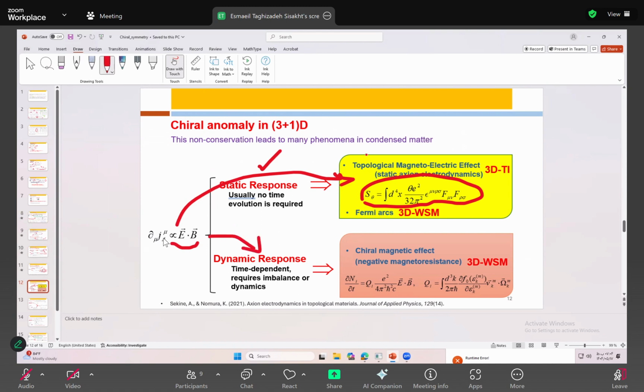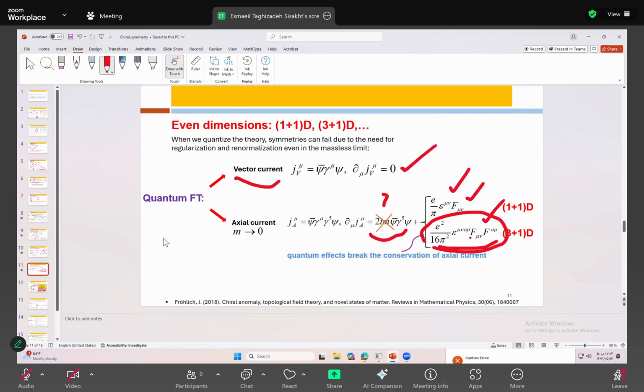I mean, this one can be predicted using the static calculations, and we don't need to think about the dynamical version. But there are also other effects, and one of the main effects is called the chiral magnetic effect. And it is also related to this anomalous current that I mentioned here.